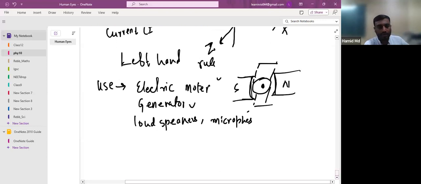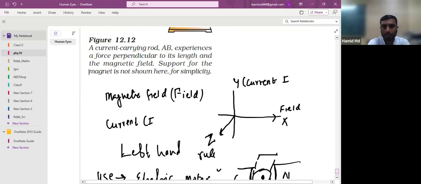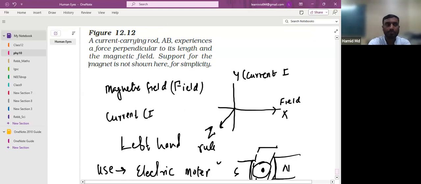You may ask anything related to today's class. Did you understand everything? Or do you have any idea? This is not the appropriate time to start the electric motor, it will take almost one class, so we will do it in the next class, right? Yes, sir. So have some discussion. Tell me if there is any doubt in this chapter.